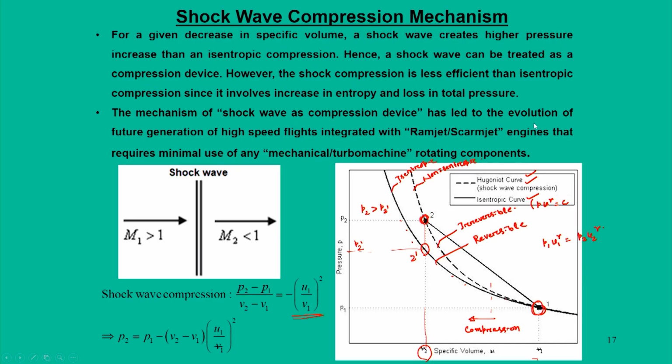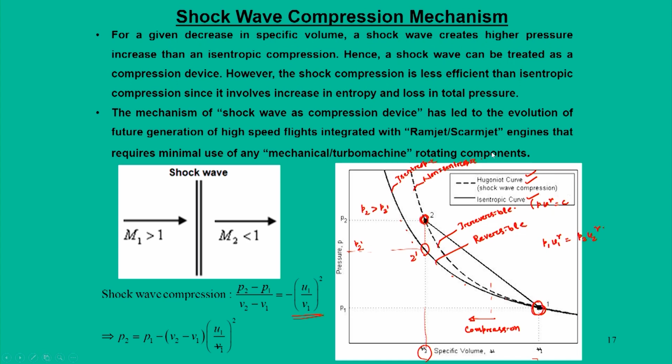and that has led to the evolution of future generation high speed flights integrated with ramjet and scramjet engines. The most important part of this is that when you talk about thermodynamic compression, we normally explore piston cylinder type devices or rotating elements, turbines, compressors. But in this shock compression process, we do not require any kind of mechanical device or rotating components.